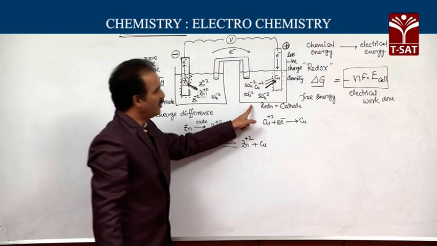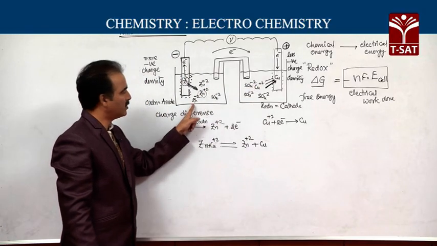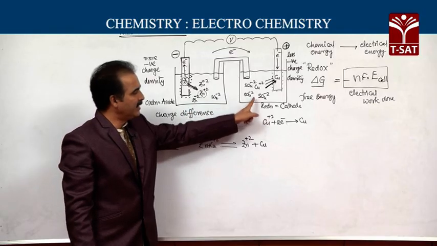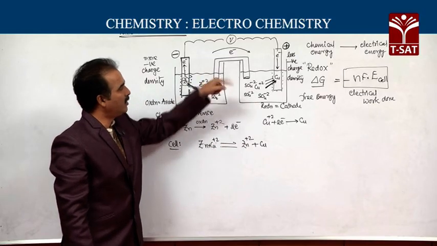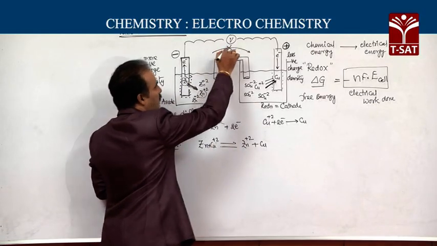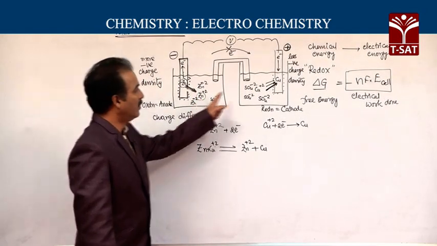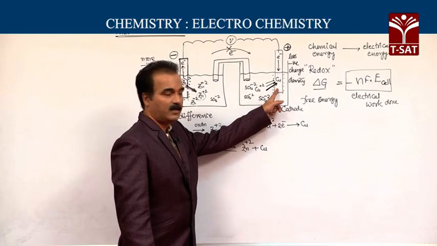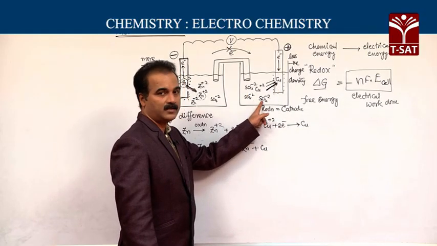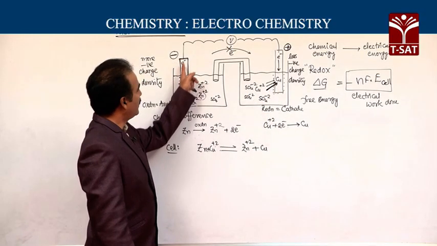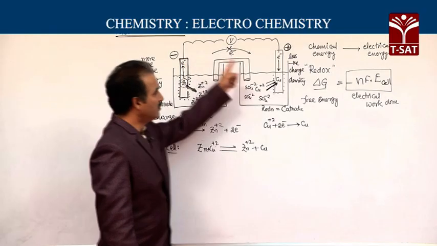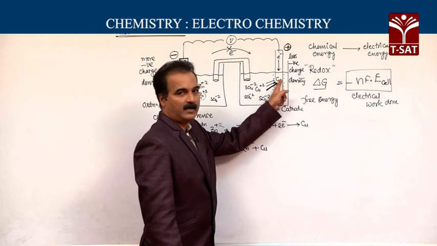So, this accumulation of ions, positive ions in anode, negative ions in cathode, all together will stop. Here accumulation of positive charges, and in cathode half cell accumulation of negative charges prevent escape of electrons, prevent entry of electrons.